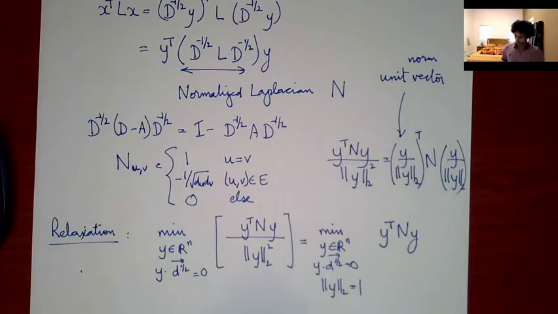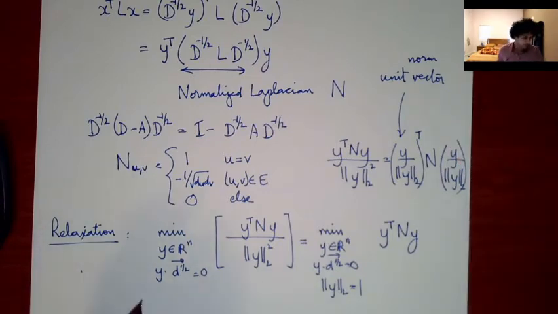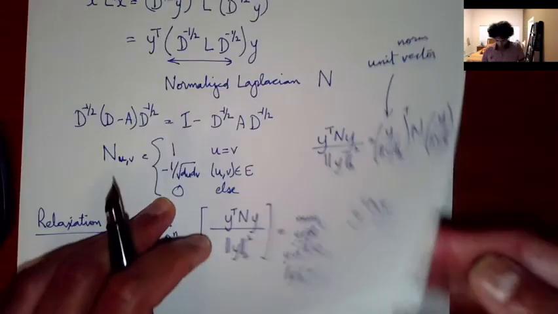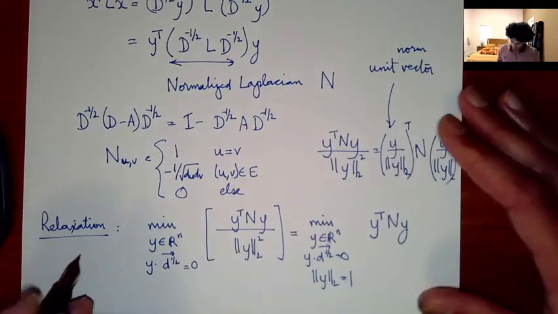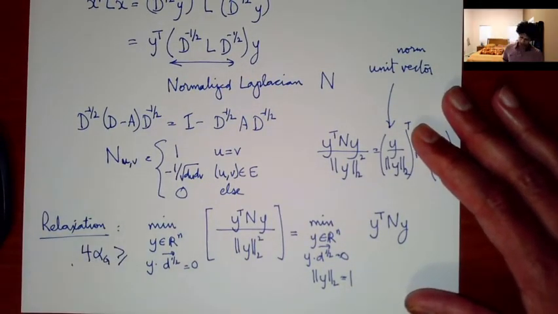And so this gives our relaxation. So I believe I got, was it 4 times that or 2 times that? I think I'm missing the constant here. Anyway, I think it was 4 times the sparsity is at least this.